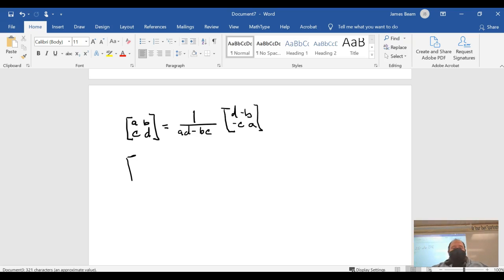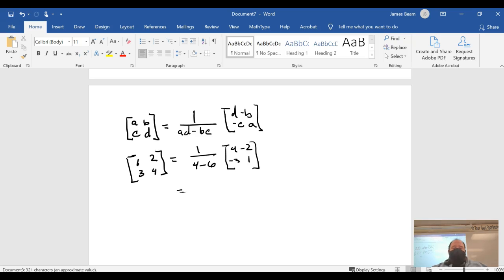But if this matrix was 1, 2, 3, 4, right? Does that make sense? Then I go 1 times 4 is 4, 3 times 2 is 6. I switch the 1 and the 4, and I make the 2 and the 3 negative.